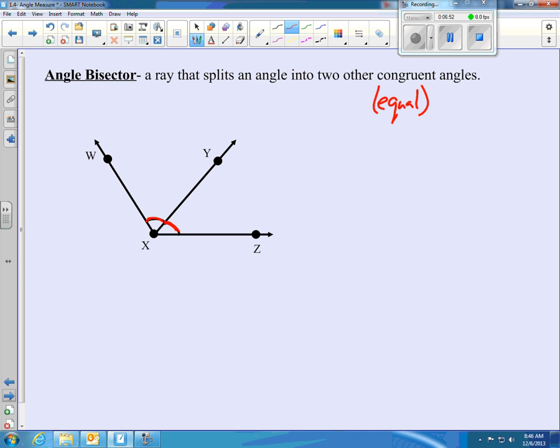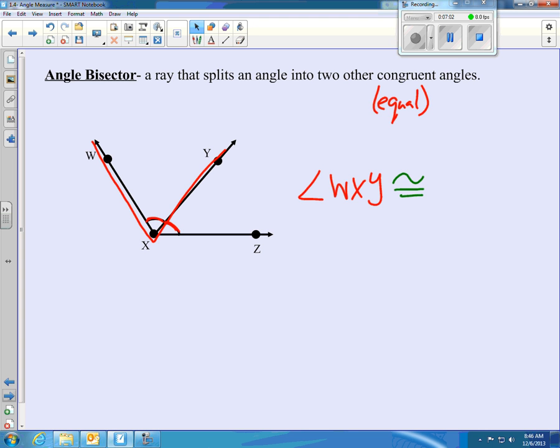So we could say that angle WXY is congruent, so don't forget our congruent symbol, to angle YXZ. So those have the same measure. All right, so let's look here at our next problem.